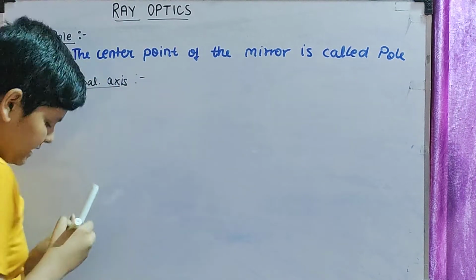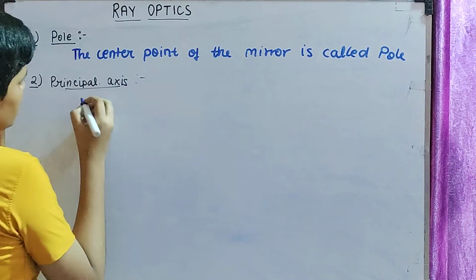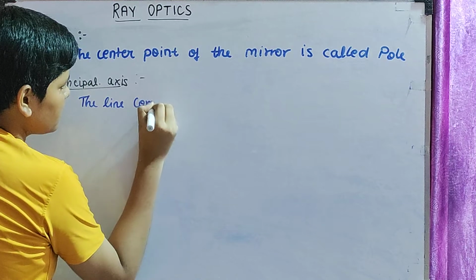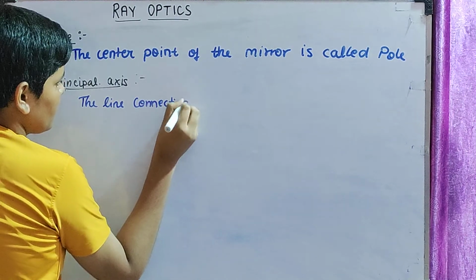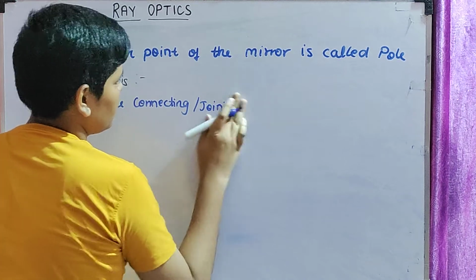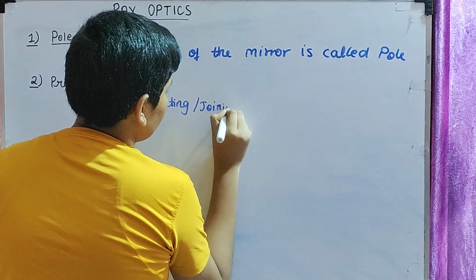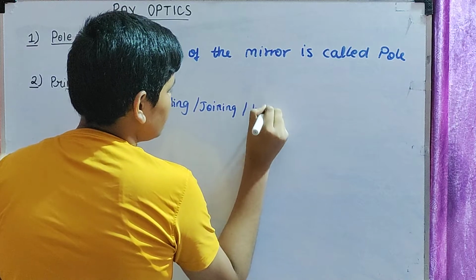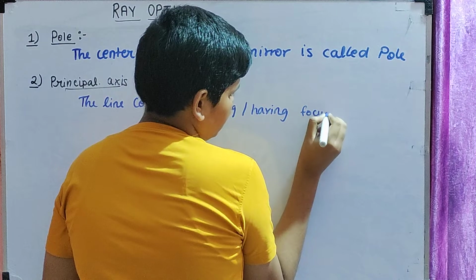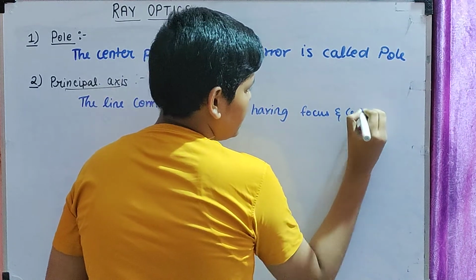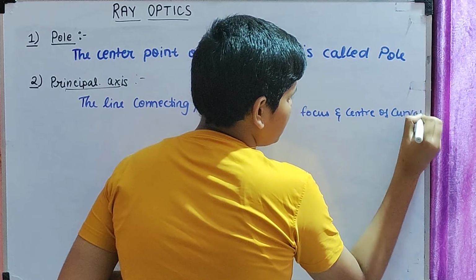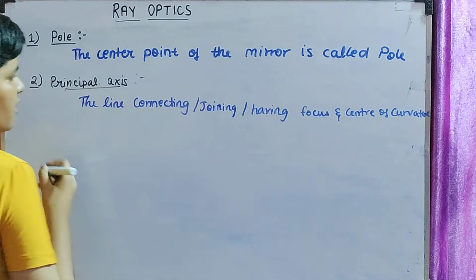So this axis is the line connecting or joining or having focus and center of curvature in it.